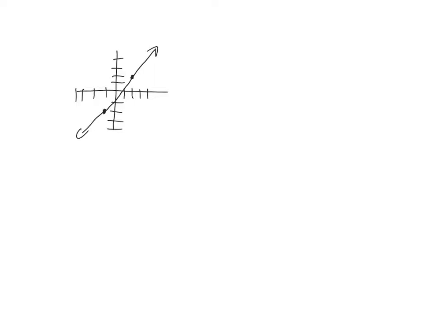Well, again, I like to think of slope as change in y over change in x. The y direction is up and down. So again, left to right, I'm going to go up, and then I'm going to go over.